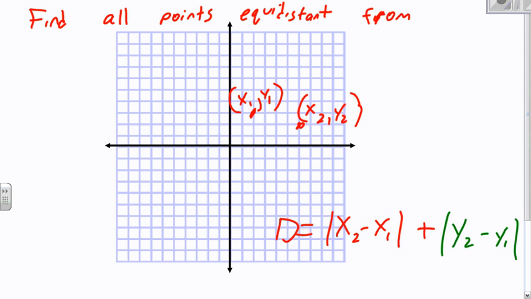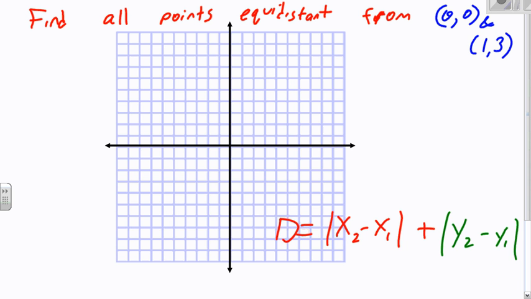So let's take a look at the 2 points 0, 0 and 1, 3. So here's 0, 0, and 1, 3. There's 2 points. We're looking for points that are equidistant from both of those. So some point x, y that's equidistant from those two.